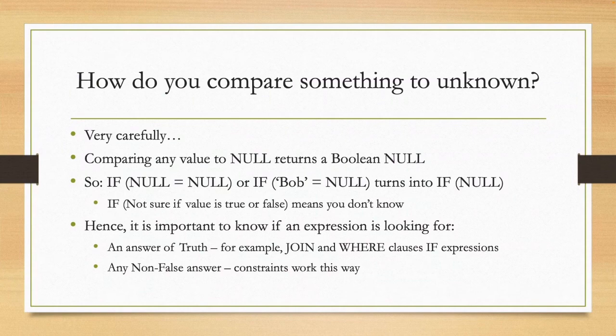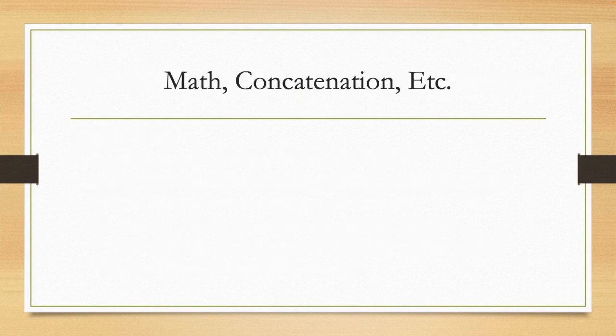If I say Bob and null, so the null value, the column allows nulls, the expression allows nulls, it's okay. So that's looking for a non-false answer. And I will look deeper into that when I actually cover constraints, but there's a big difference between truth and false and unknown and what you're looking for, what it matters to you.